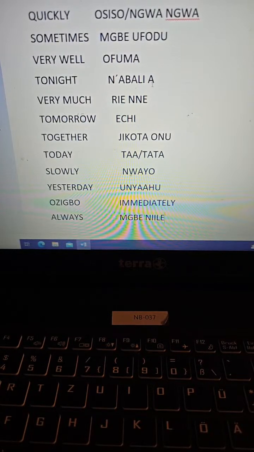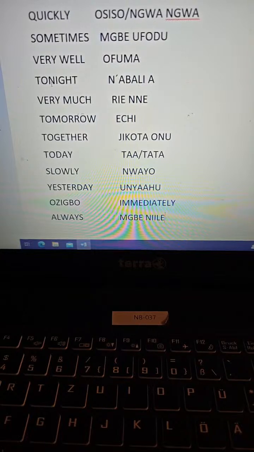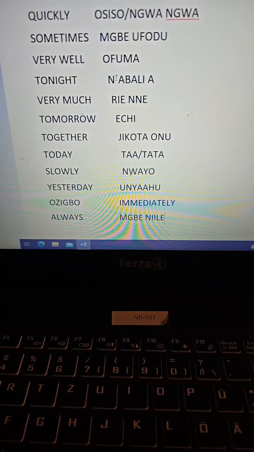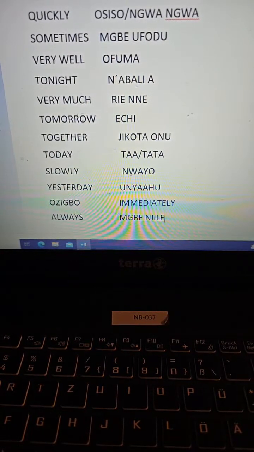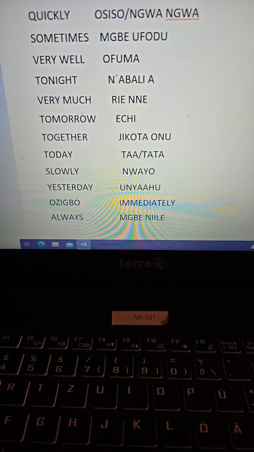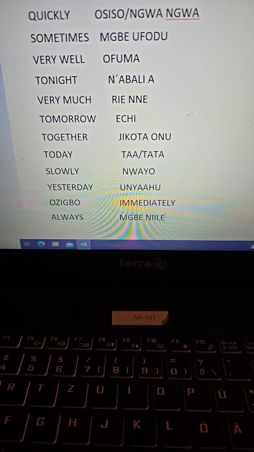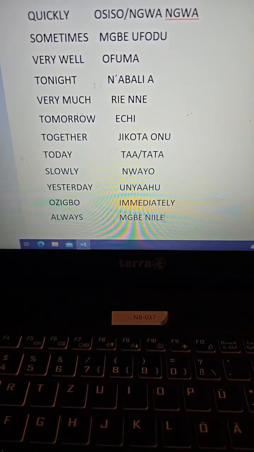Tonight, n'abalị a. Aga m akpọ ya. Aga m akpọ ya n'abalị a ka ọ bịa siela m nri.